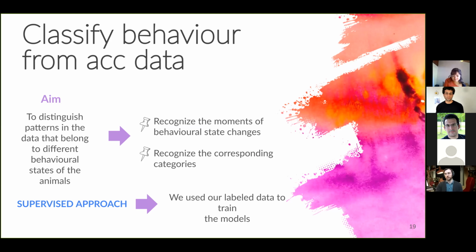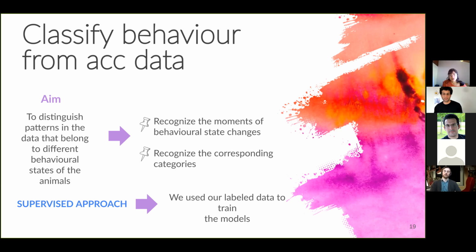Well, if we know how the sheep moves and behaves, and how that is connected with the internal conditions of the animals and the external conditions, like the environmental conditions, we can understand how to design strategies of livestock management in a better way.